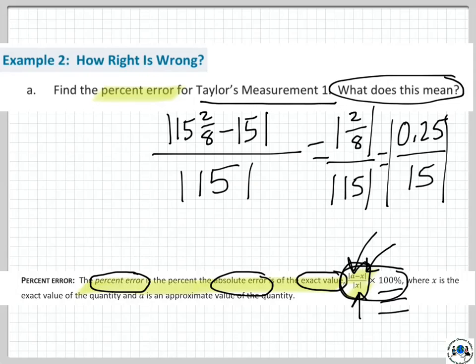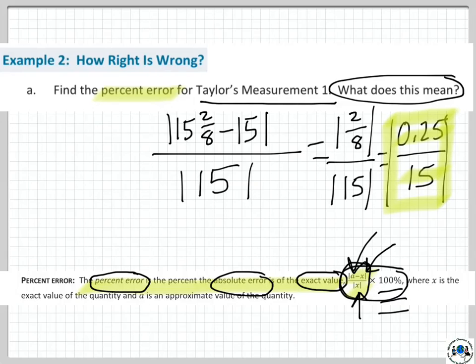All right, so we can go ahead and do this division here, the 0.25 divided by 15. And you can do this with a calculator, and I'm encouraging you to do that, and that's of course going to be 0.25 or 25/100 divided by 15.